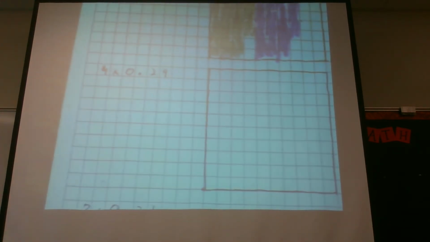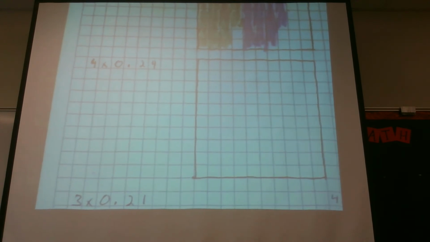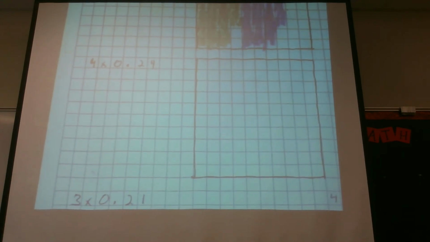Our second problem is 4 times 24 hundredths. So this time I'm just shading in 24 hundredths 4 times.